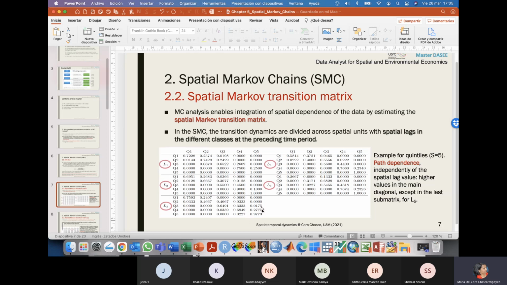Well, the only exception is when we are in the third quintile, around the median value. These are the values for when my neighbors are in the median value in terms of population.